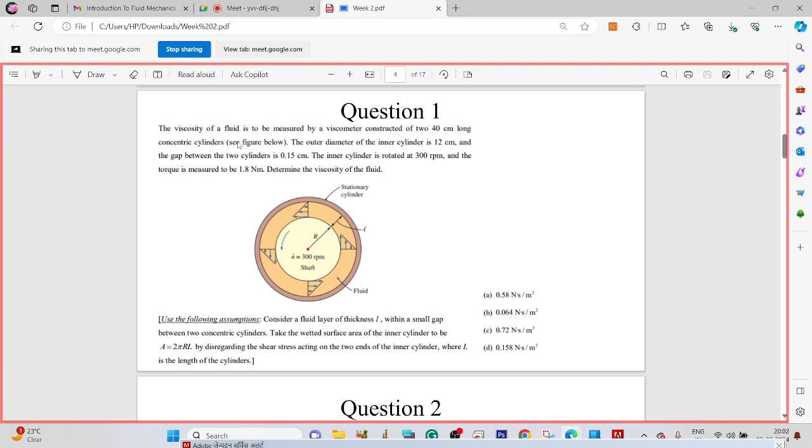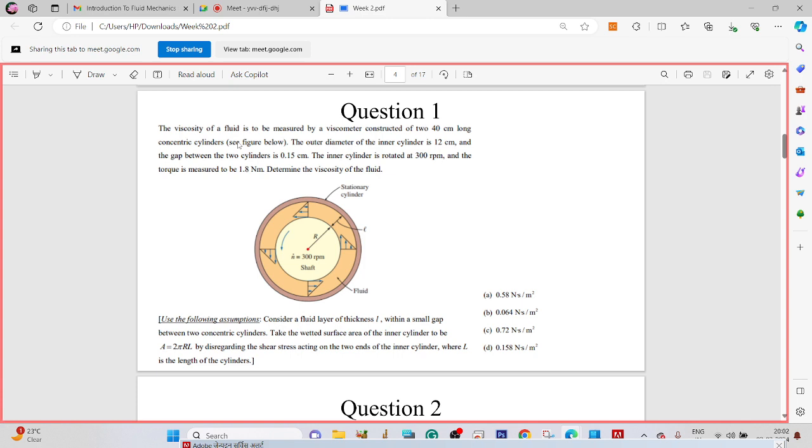The inner cylinder is moving at 300 rpm, and its radius is r. This is not thickness, it is the distance between the two cylinders. The gap is given as 0.15 centimeter.